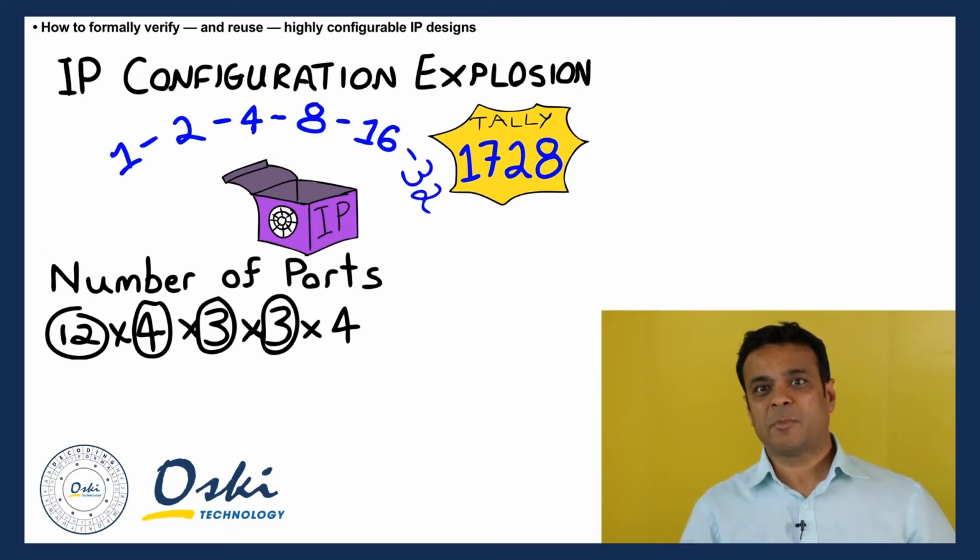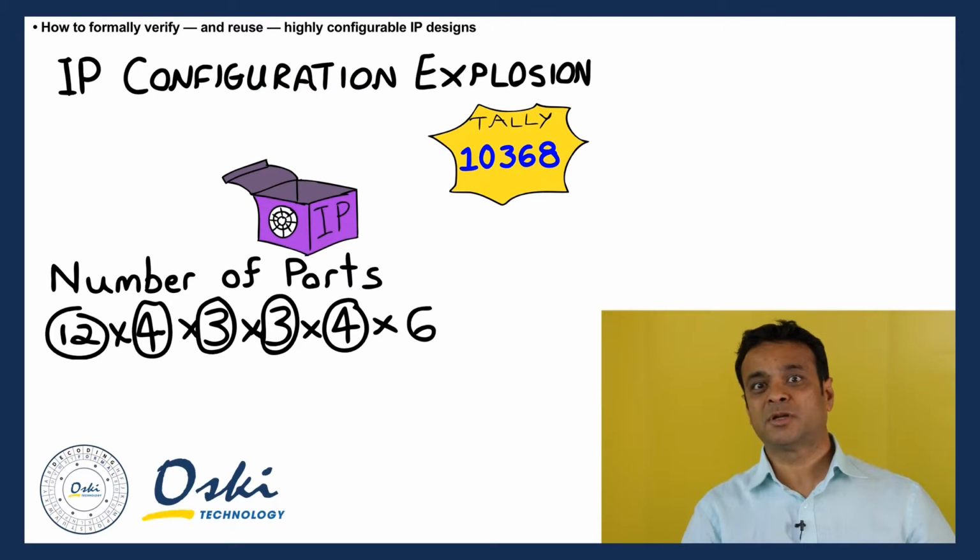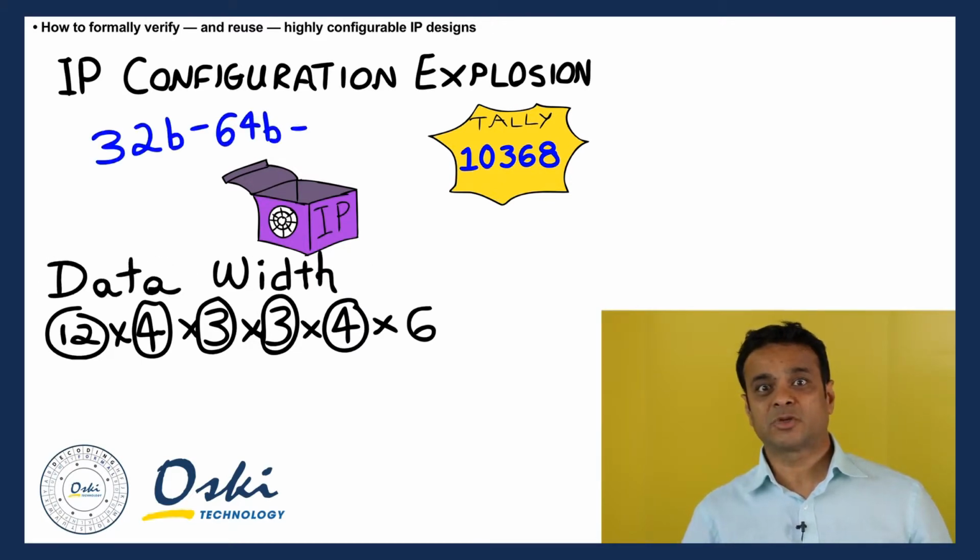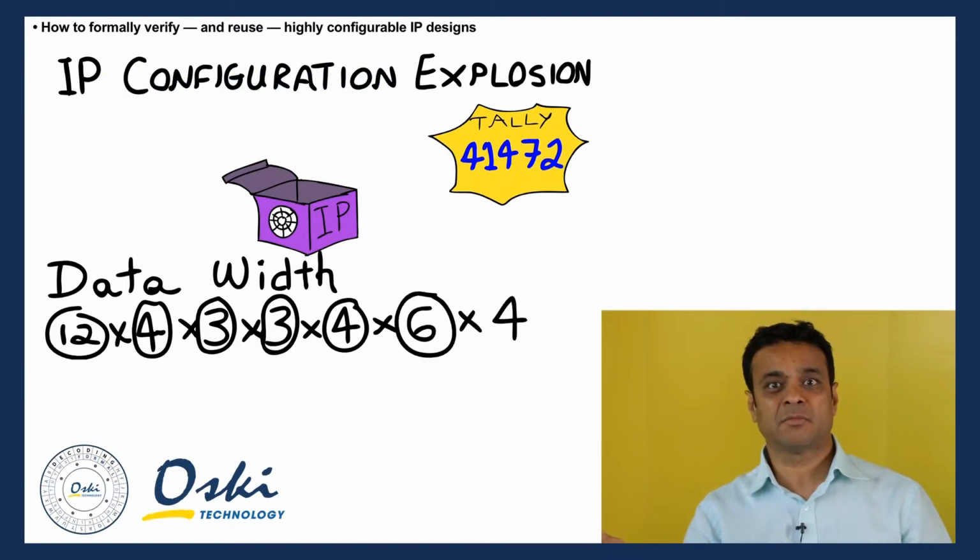Number of ports on the application side, I may be supporting 1 port, 2 ports, 4 ports, 8 ports, 16 ports, 6 possible different choices. The data widths could vary all the way from 32-bit to 64-bit, 128-bit, maybe even 256 bits. So 4 different choices. If I multiply all of these configurations so far, they're already 20,000.